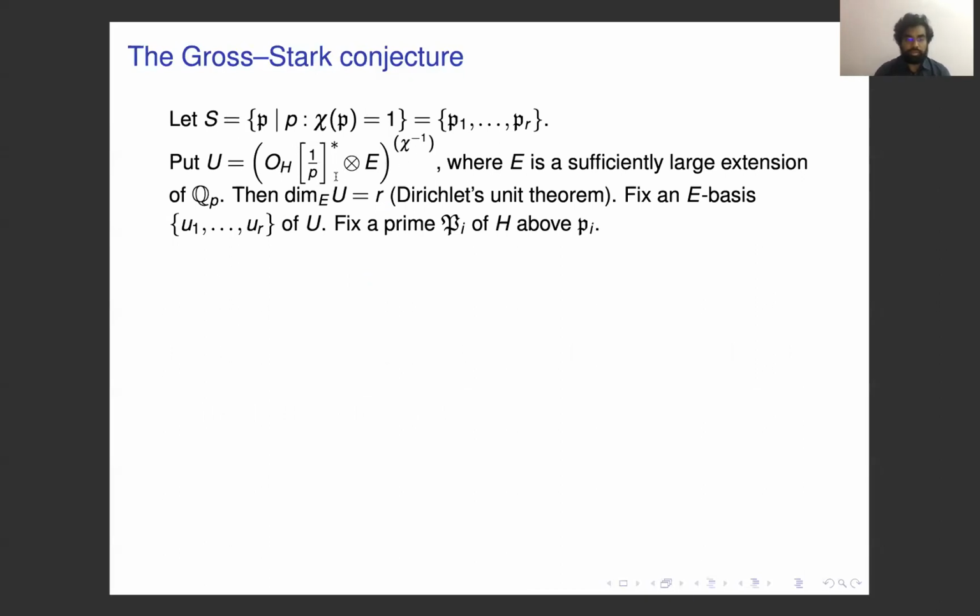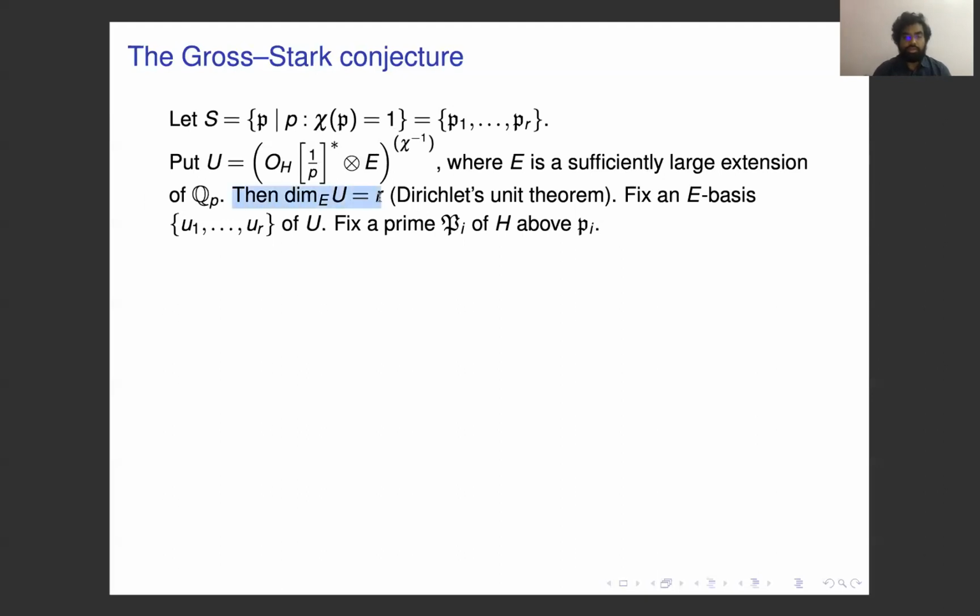And I put U. This is slightly different from before, but consistent. U is obtained by taking all p-units and taking the chi inverse part of it. I tensor it with E, where E is some sufficiently large extension of Q_p, and then I take the chi inverse isotypic component of this.